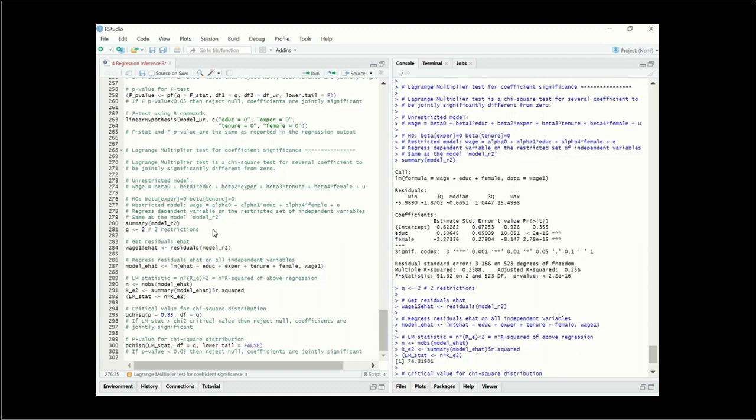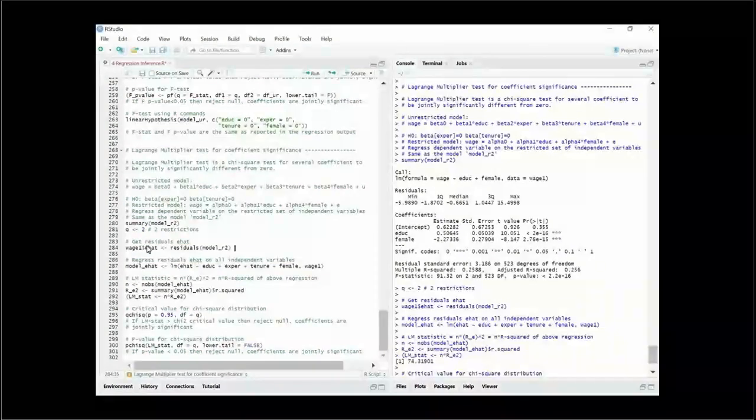The way to do this in the Lagrange multiplier test is to get the residuals from the restricted model. We would be calling this wage 1 E hat. That's how we would call these residuals.